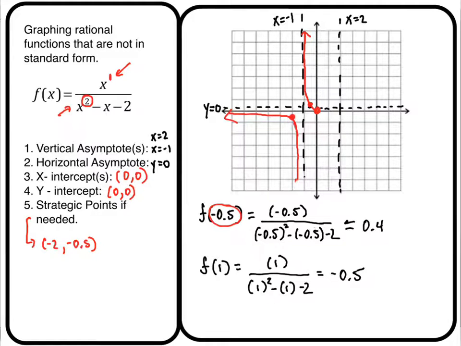Okay, and I don't know what happened to my graph down here. We're going to fix that. And notice that I'm also going to log the strategic points down below here, just so I know what I plugged in to judge where the graph is going to be.